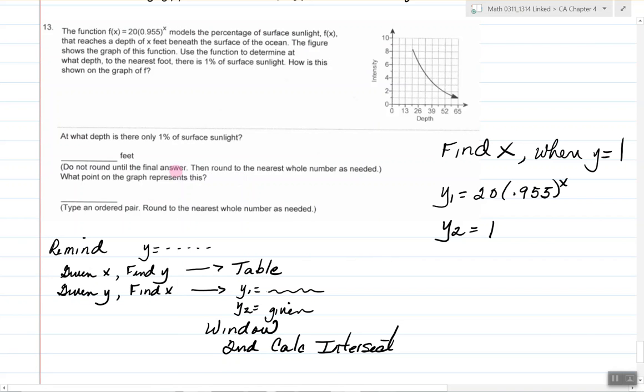Round to the nearest whole number. So at what depth? 65. And what point on the graph represents this? Well, the x is 65, that's the depth, and the percent is 1.